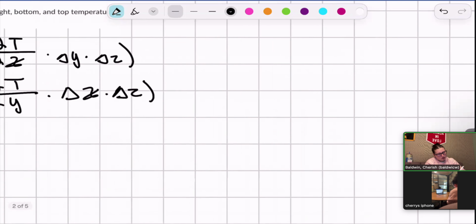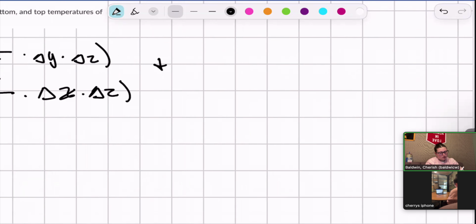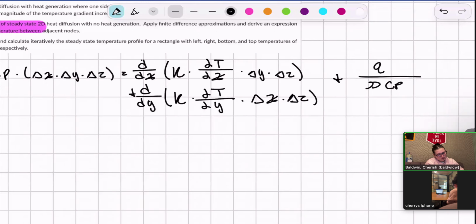And then we have to do the energy generation, which is Q over rho Cp. Alright.